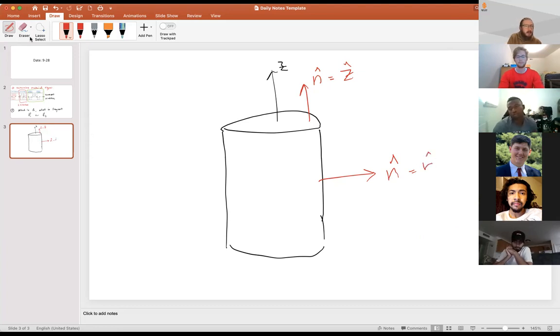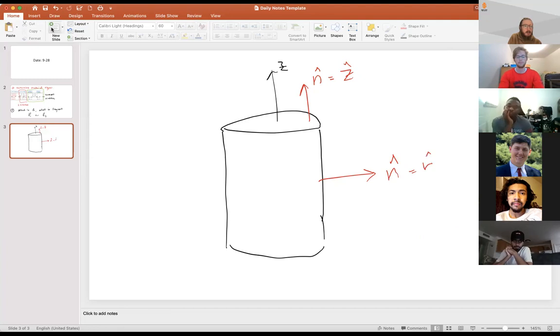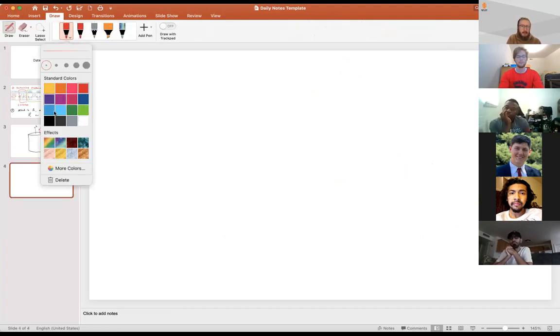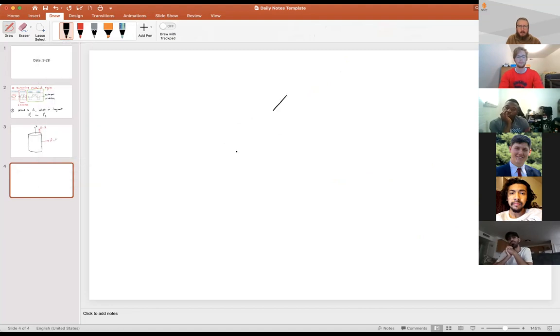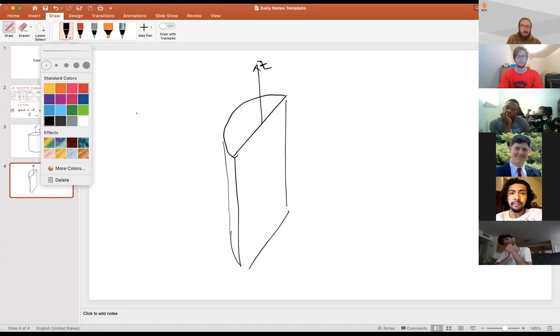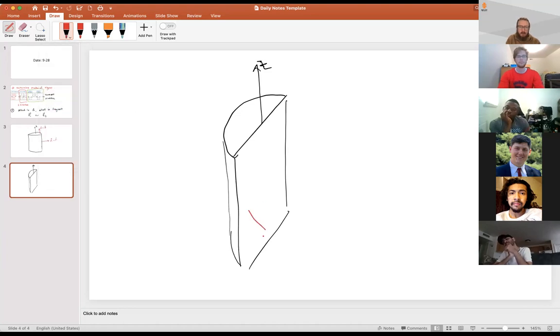Now let's take this same cylinder and chop it in half. What is the normal component to this?